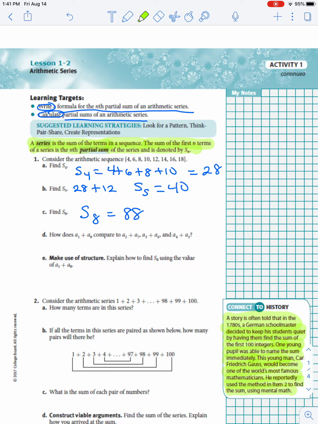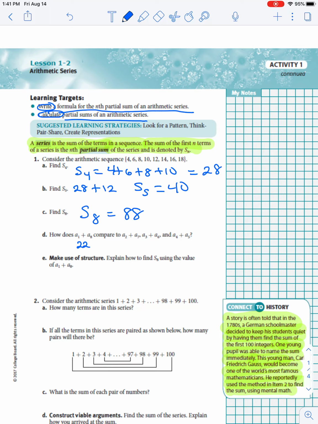All right, so looking back at part D here, number 1, it says, how does a sub 1 plus a sub 8 compare to a sub 2 plus a sub 7, and so on. So the first term and the 8th term, that 4 plus 18, that's 22.